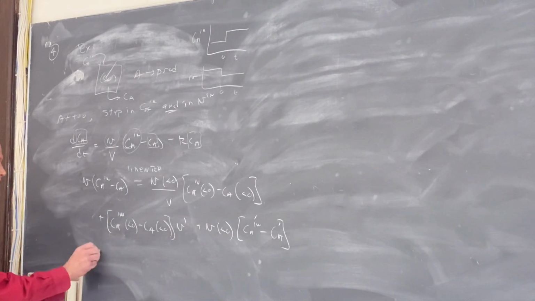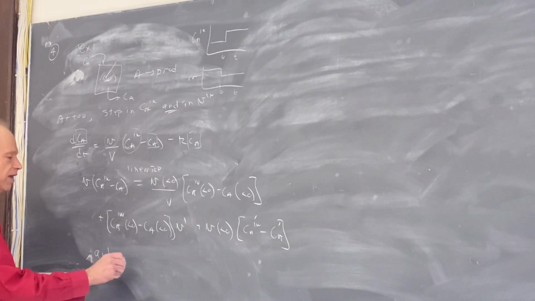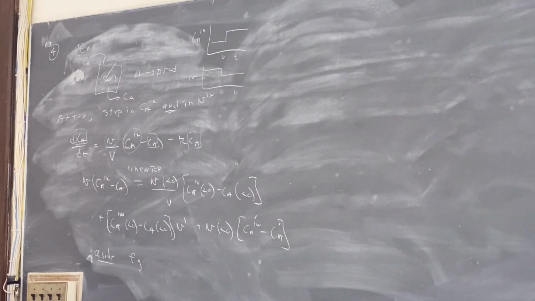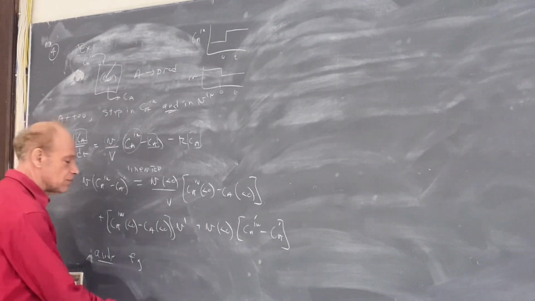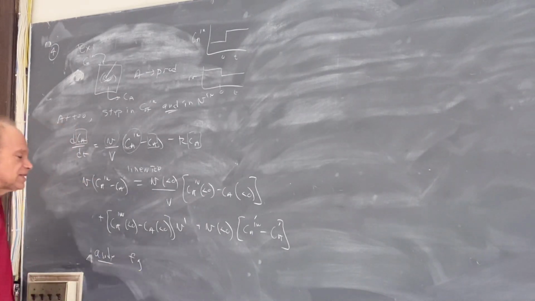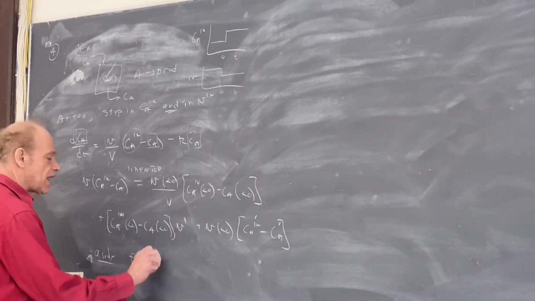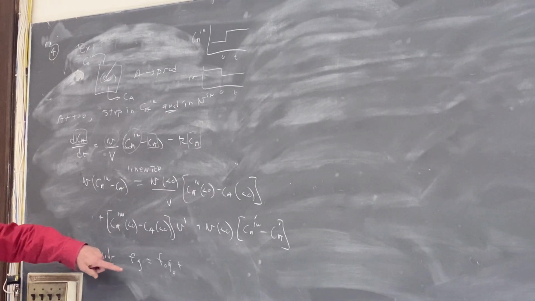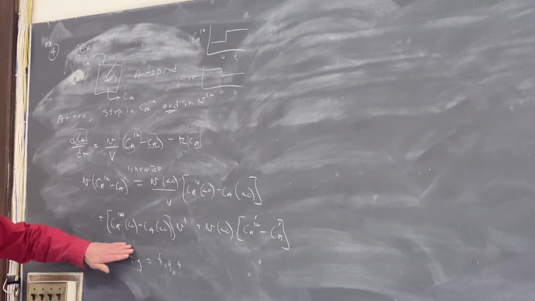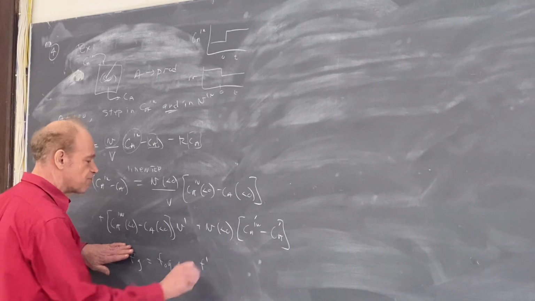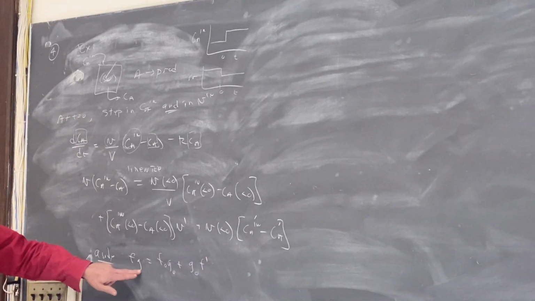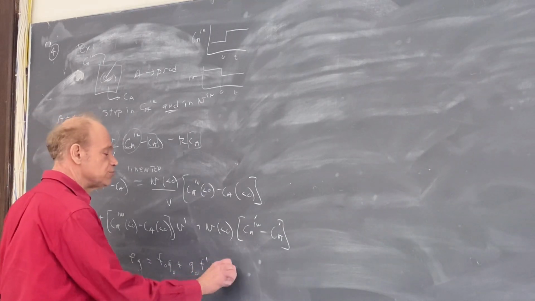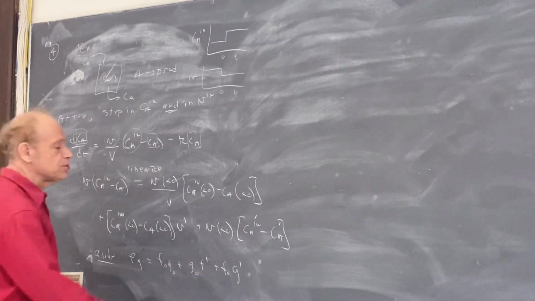Notice what happens here. Sometimes, as an aside, if I have f times g and I want to linearize it, what I could notice is that this just looks like f0 g0 plus df, which just gives me g0, times f prime, plus dg, which just gives me f0, times g prime, plus nonlinear.